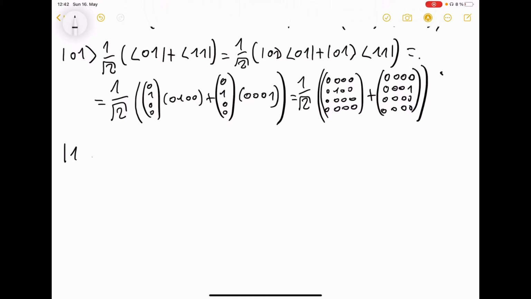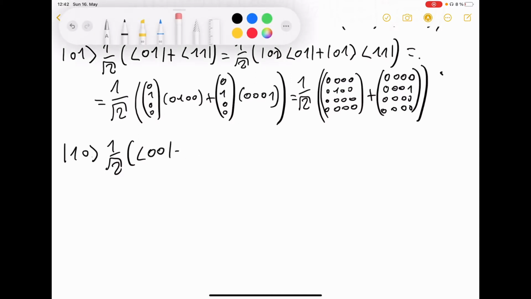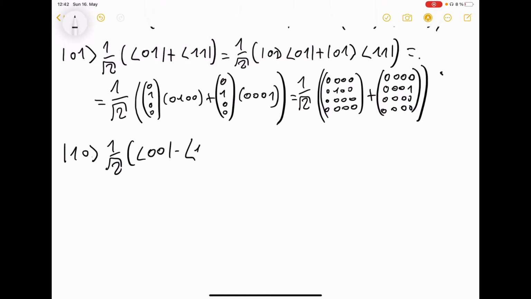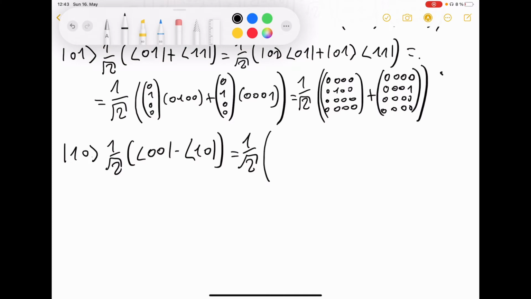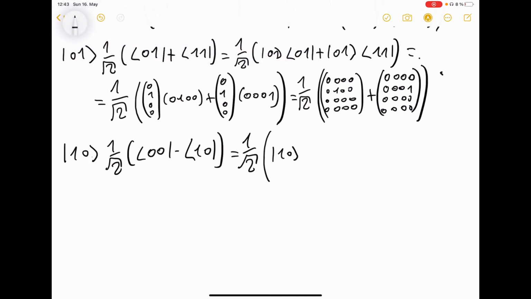So we start with 1, 0, and the target state in that case, again looking at the bras, is 0, 0 minus 1, 0, giving us 1, 0, 0, 0 minus 1, 0, and 1, 0.